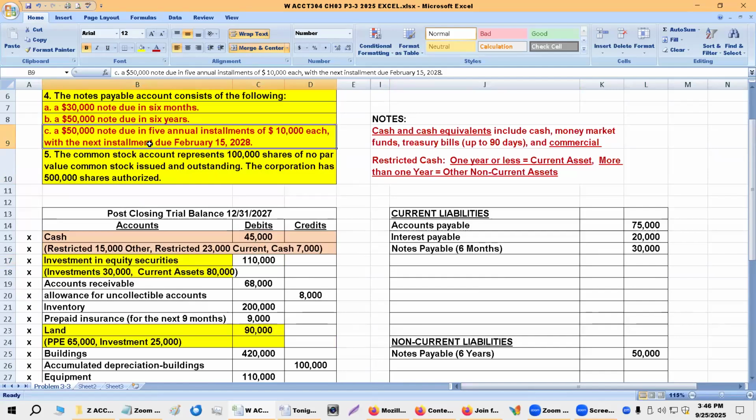$50,000 note payable in 5 annual installments of 10,000 each. Okay, so next year we're going to pay one of the 10,000. So let's do it on February 15th, 2028, which is a month and a half away. So this 10,000 will be the current portion of long-term notes payable.